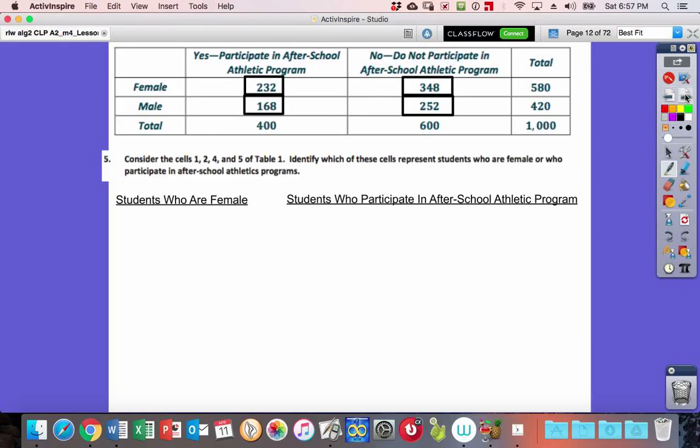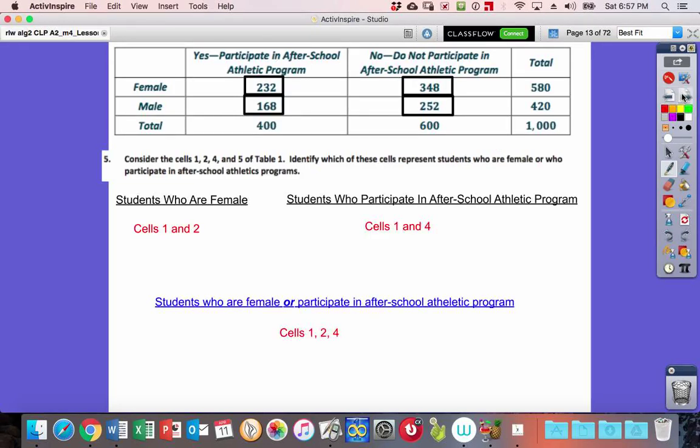Okay, consider the cells 1, 2, 4, and 5 of the table. Identify which of these cells can represent students who are female and who participate in after-school athletic programs. Students that are female, I'm going to do it with this slide. We know that it's cell 1, that would be this one, and cell 2.